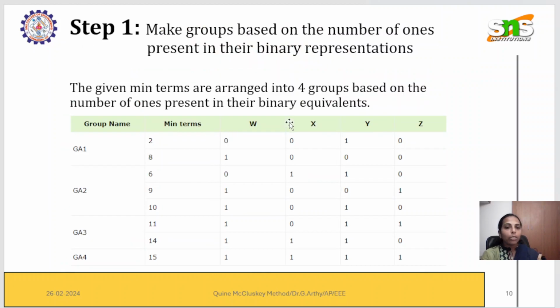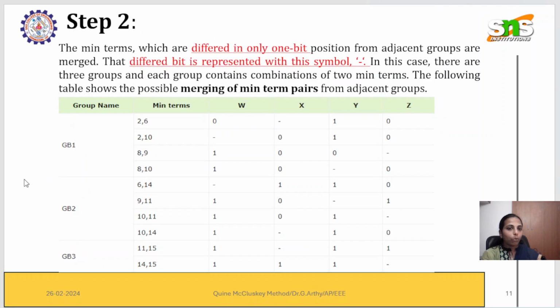Similarly, now 2 has to be compared with 9. If you compare it with 9, 0 and 1. This is again 0 and 0. Fine. This is 1 and 0. So see here, a bit variation is there in Y as well as in W, which cannot be considered. 2, 9 is not a pair.